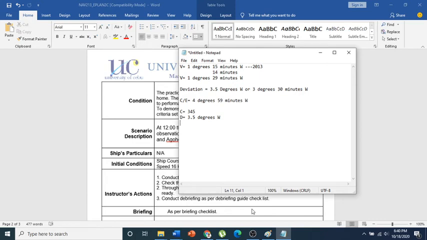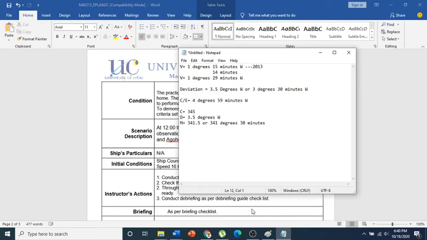Since it is west, we need to subtract. So we can say that the magnetic is 341.5, or 341 degrees 30 minutes.